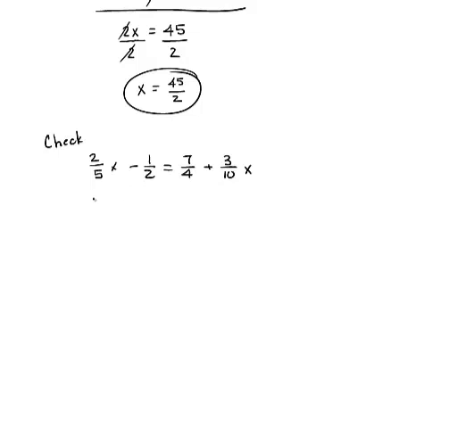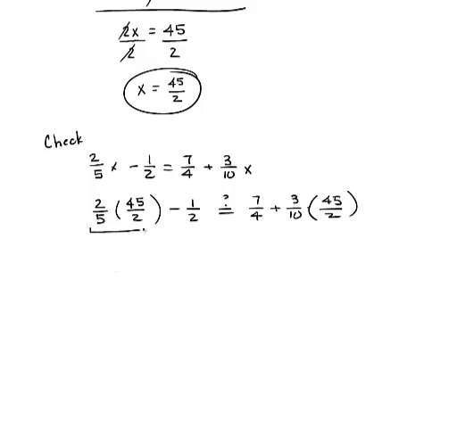So here I'm going to plug in 45/2 for my x: 2/5 times 45/2 minus 1/2, and does it equal 7/4 plus 3/10 times 45/2? Let's work this part out first.